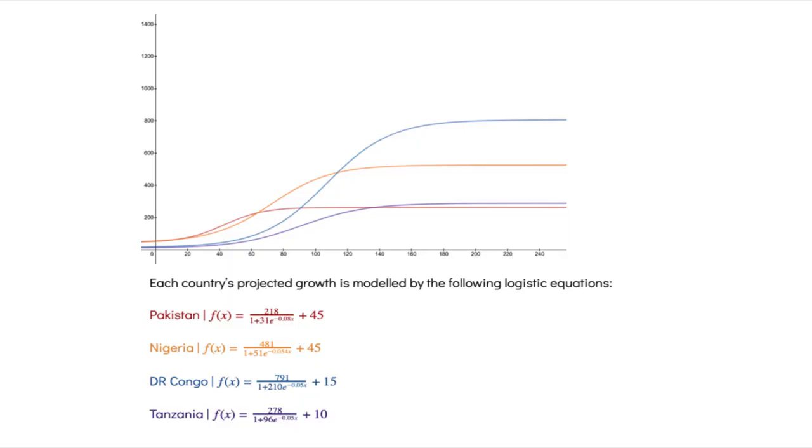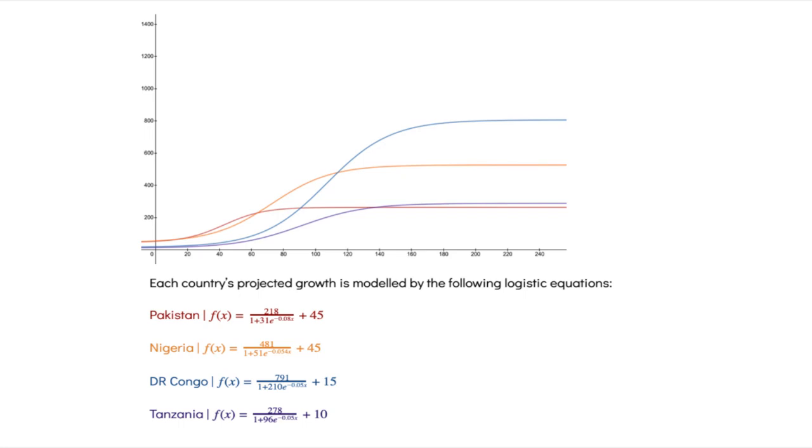Similarly, comparing Pakistan with Tanzania, both have a very similar K value, or the carrying capacity. However, the main differentiating factors between their graphs are the B and C values. Pakistan, which had an initial Y value of 45 when x is equal to 0, theoretically needed a shorter period of time to reach its maximum population size of 263 million.